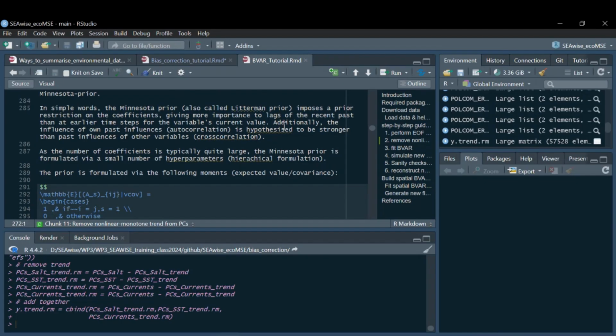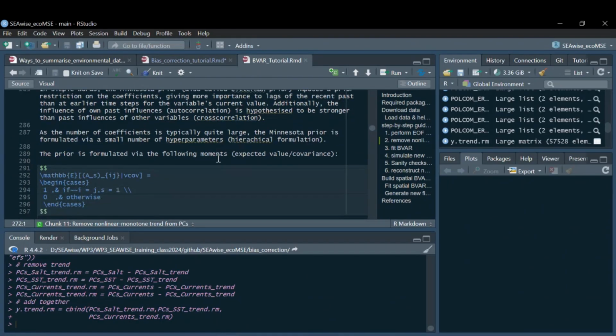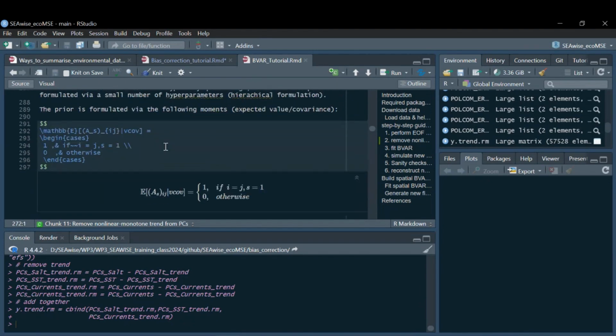So recent past has more influence on your current state than the past values that are more far away. And also the autocorrelation is much more important than the cross correlation. So the influence of the variable on its own is more important than other variables on the variable. And then you can define those priors.